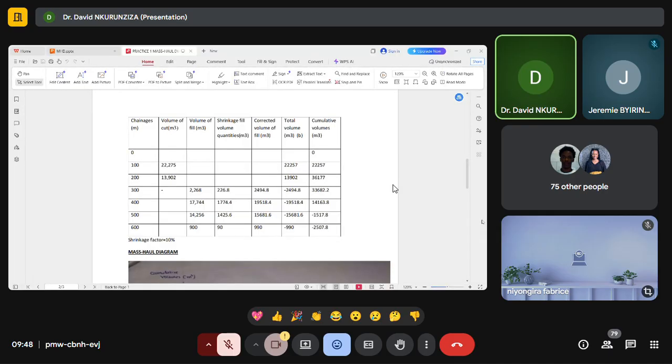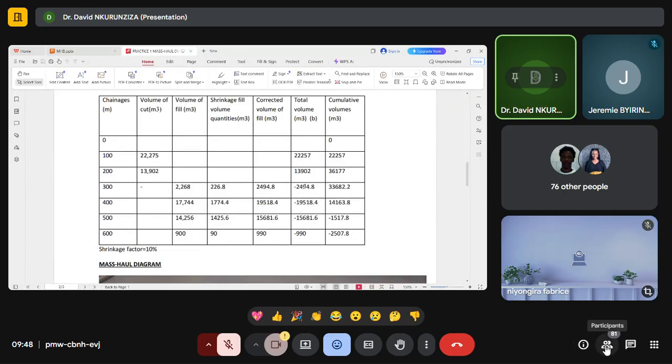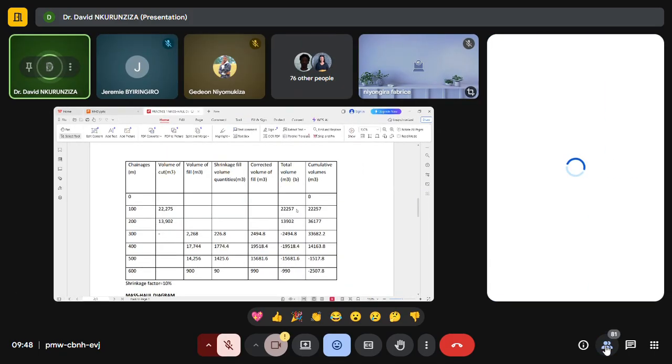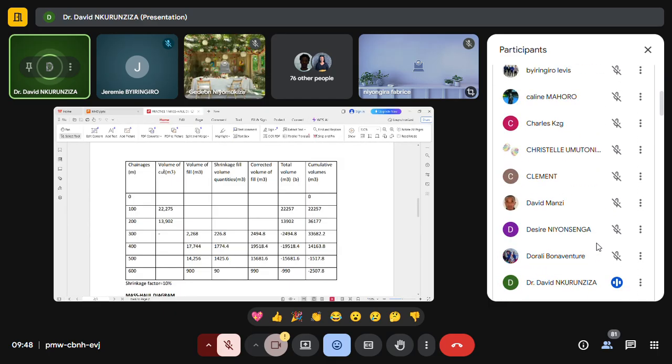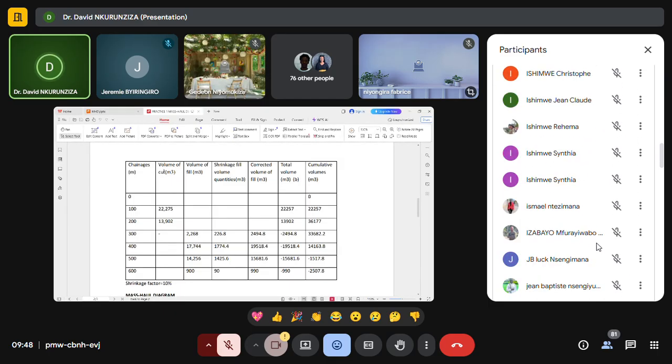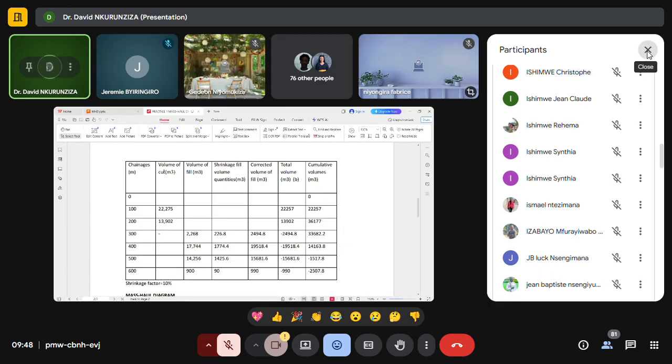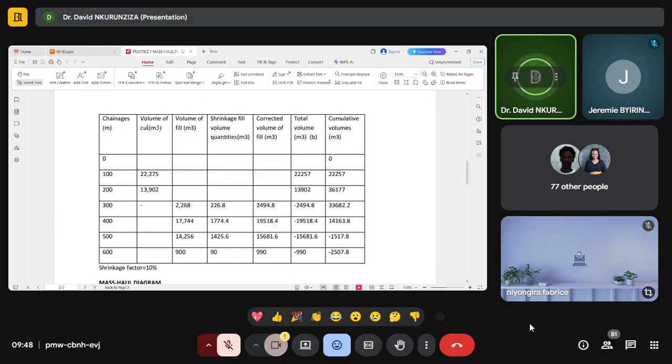Practically, this table is the general table which is used when we are dealing with the mass haul diagram computation. You remember I told you that the mass haul diagram is drawn with x and y axes.